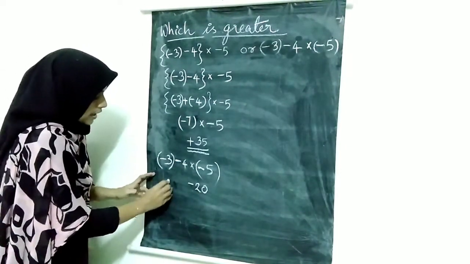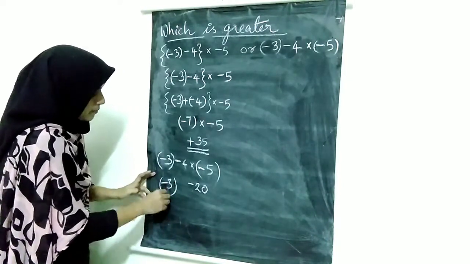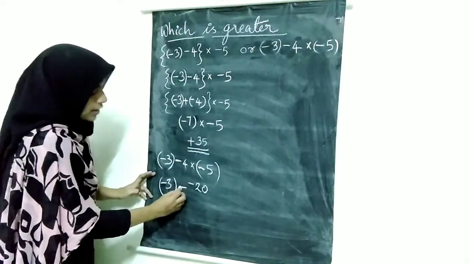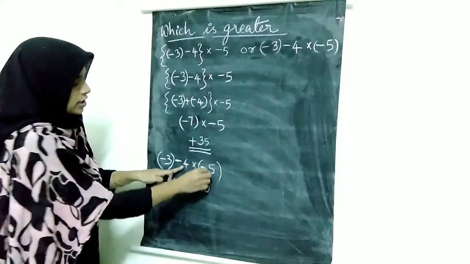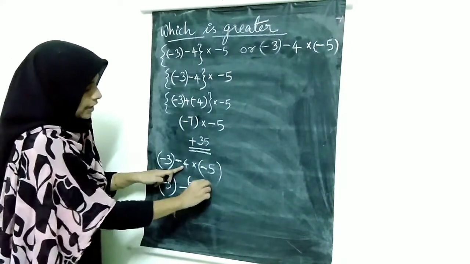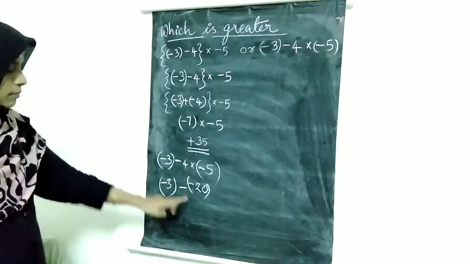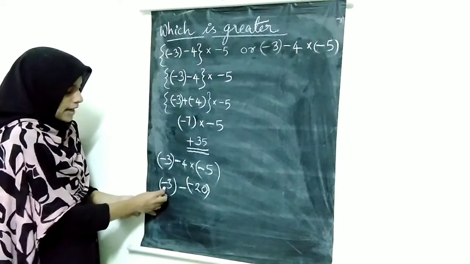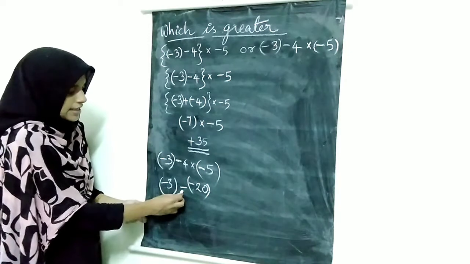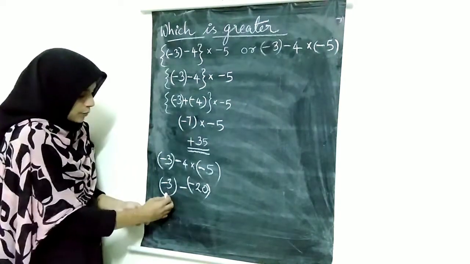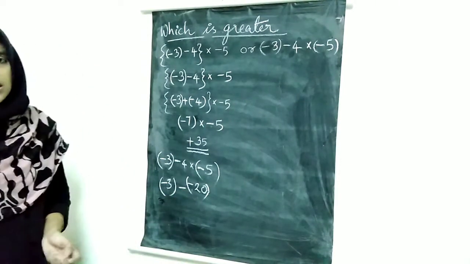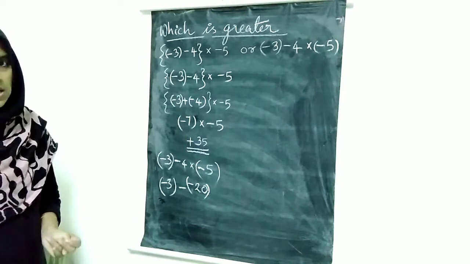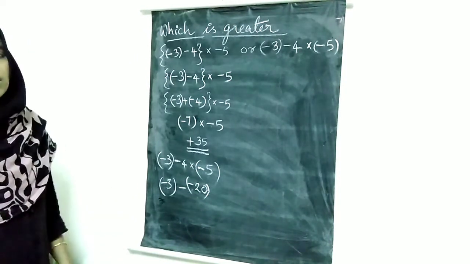So we have -3 here. Then operation sign minus. 4 into -5 is -20. Put bracket because it is a negative integer. We have -3 minus (-20). Subtracting two negative integers.